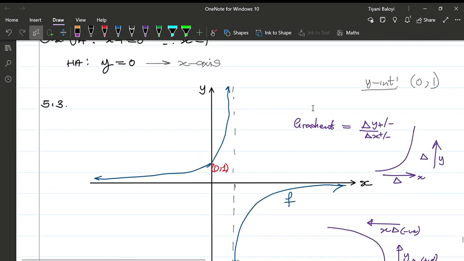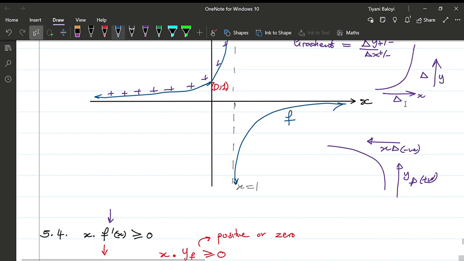How can you show that? We can look at this function here. This one is an increasing function. This one is an increasing function. How do we see it? As the x values increase, the y values are also increasing. So you can put positive signs here. On this other side you also have positive signs, right?